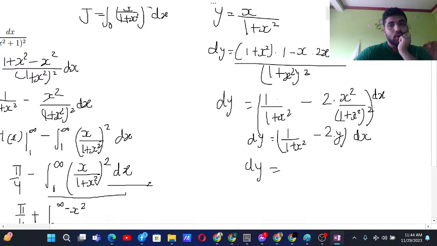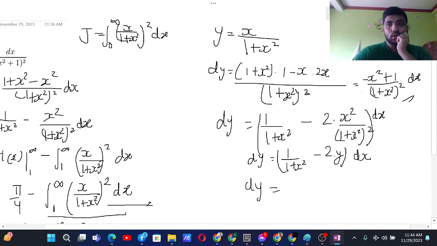What did we have over here? We had (−x² + 1)/(1 + x²)². So this dy is actually this thing. So I think we can get to this expression anyhow.